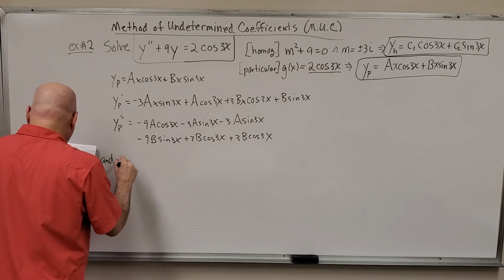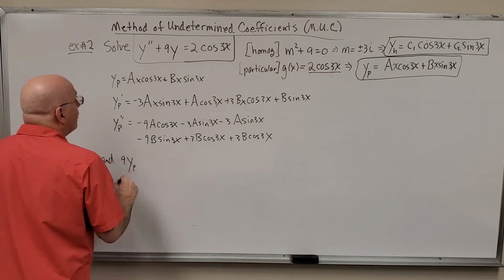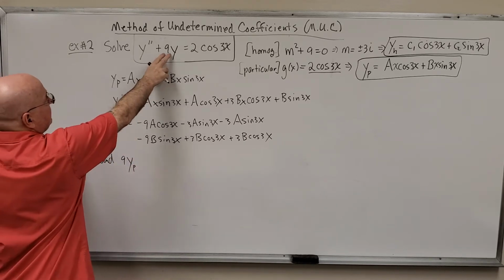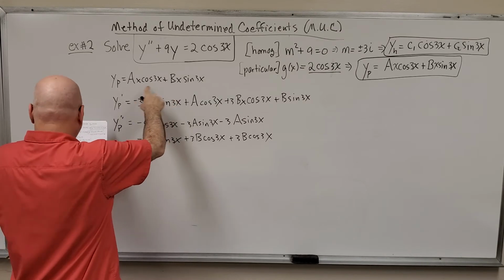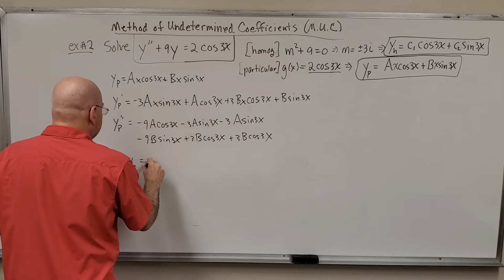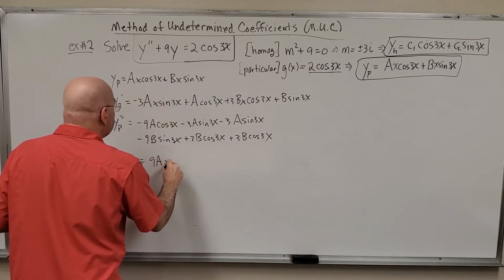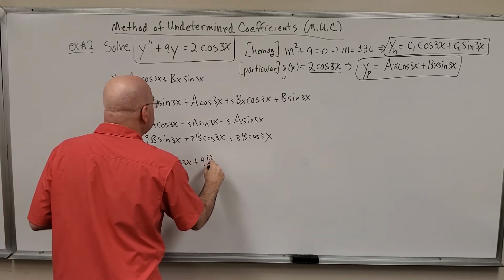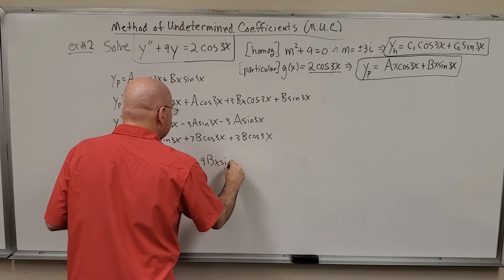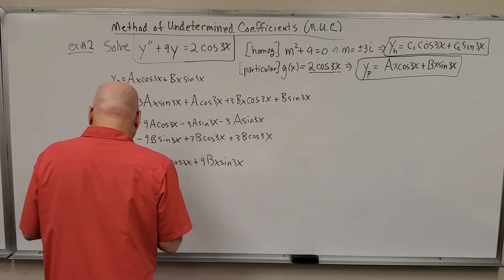And 9 times yp, because we need that here, I'm just going to take what's above and multiply it by 9: 9Ax cos 3x plus 9Bx sine 3x.